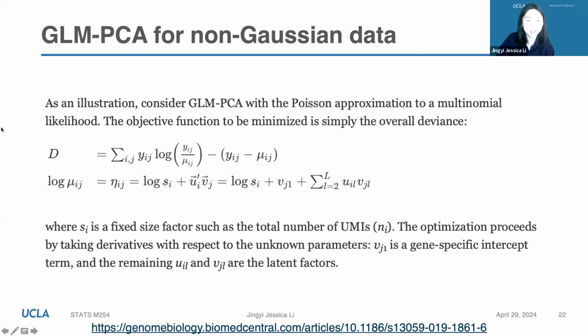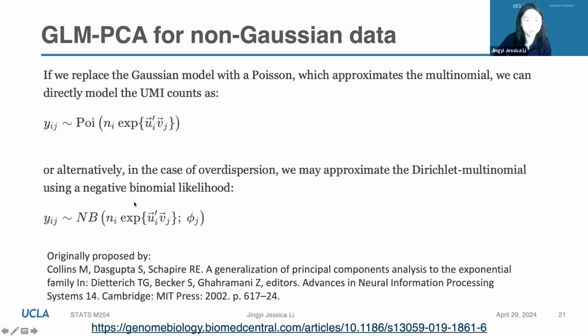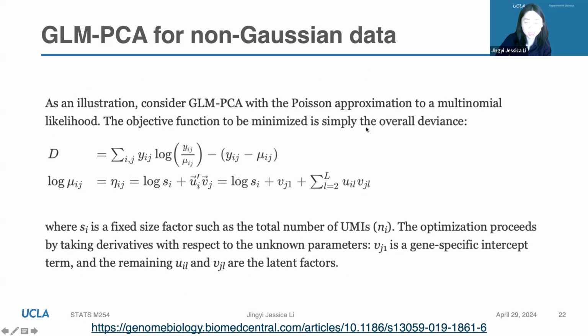As an illustration, consider GLM-PCA with a Poisson approximation to a multinomial likelihood. The objective function to be minimized is simply the overall deviance. Minimizing the deviance is equivalent to maximizing the likelihood.